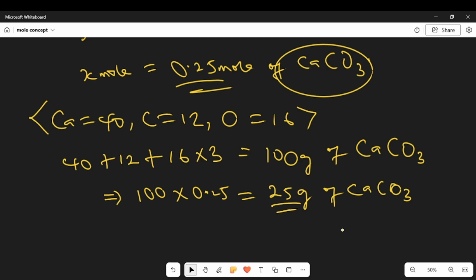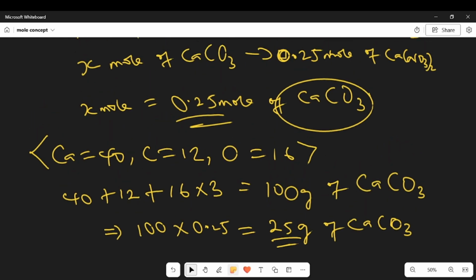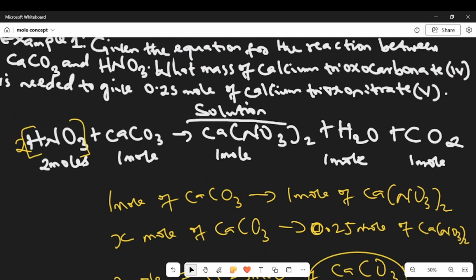So get the pattern right now. We first of all balanced the equation. That was the first thing we did. And through our balancing, we got that 1 mole of calcium trioxocarbonate 4 produces 1 mole of calcium trioxonitrate 5.